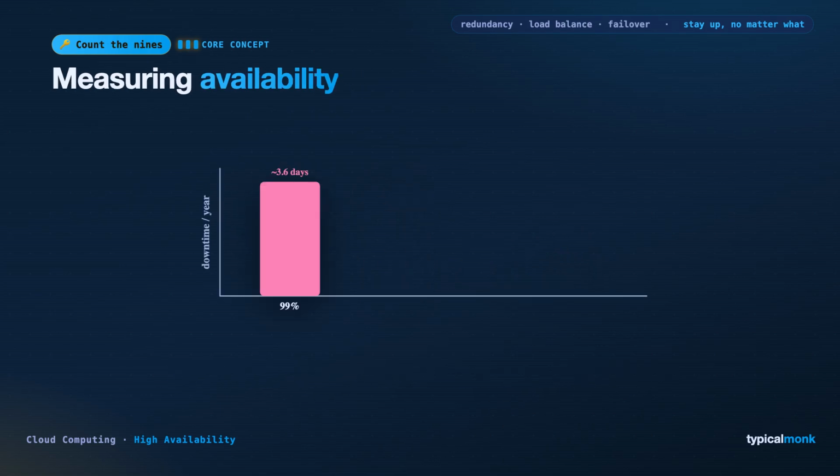Availability is something we can actually measure and promise, and the way it is expressed is worth understanding because it reveals how demanding real reliability is.